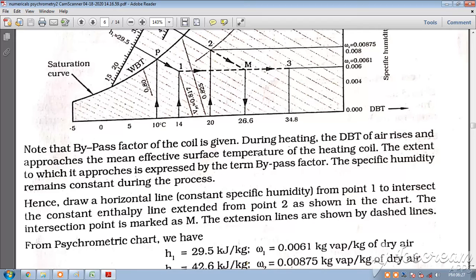Specific humidity remains constant when you are just doing sensible heating. Hence draw a horizontal line, constant specific humidity, from point 1 to intersect the constant enthalpy line extended from point 2. That constant enthalpy line I will extend, and this will meet at the point M. These extensions are shown by dashed lines, and the point of intersection is M. Here I get the dry bulb temperature as 26.6.